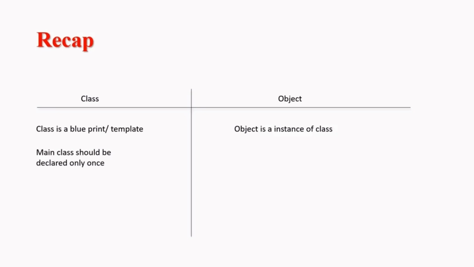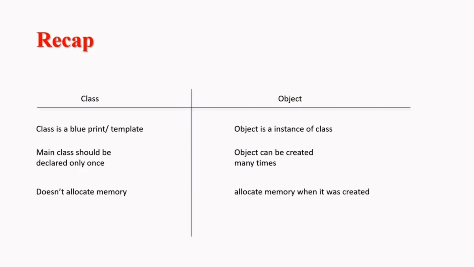A class should be declared only once. An object can be created many times. A class doesn't allocate any kind of memory because while creating a class, you just use only the class keyword. You don't assign any kind of variables, so it doesn't allocate any memory. An object allocates memory when it is created.